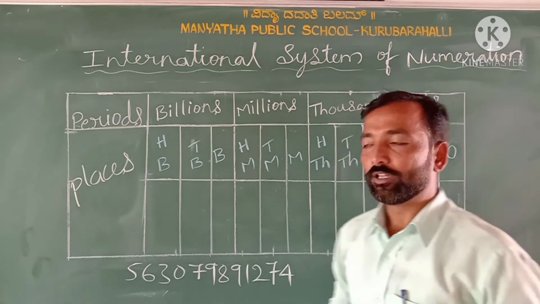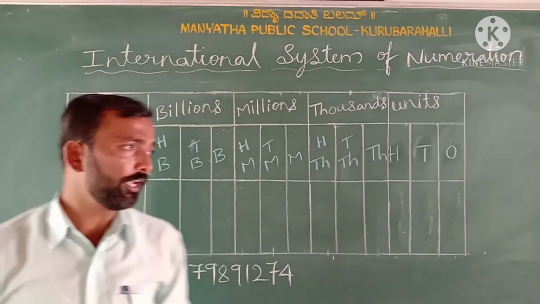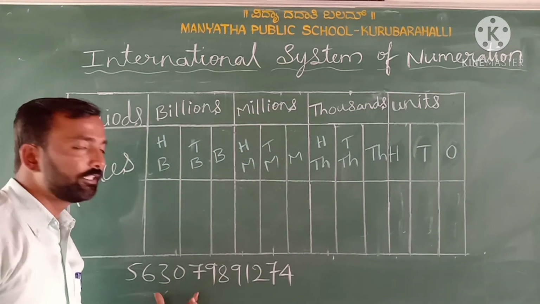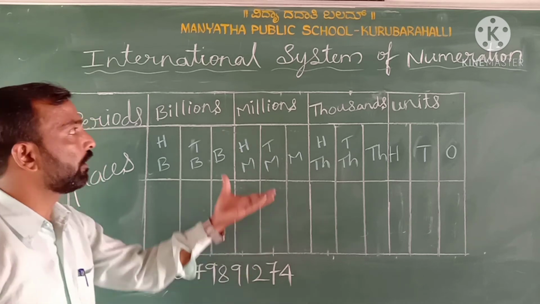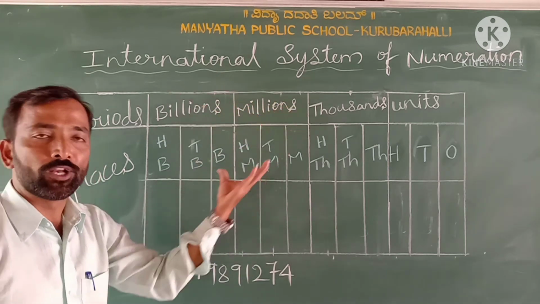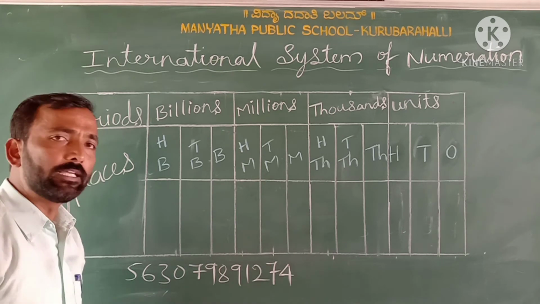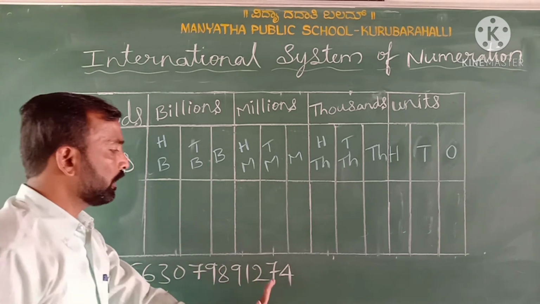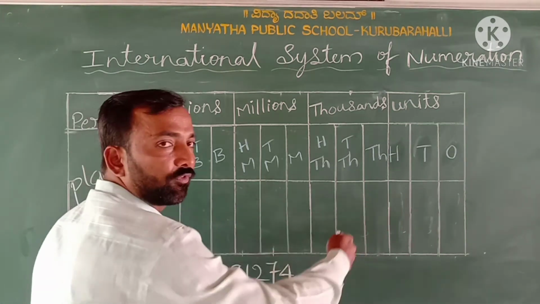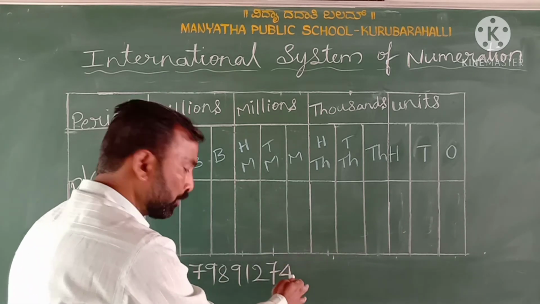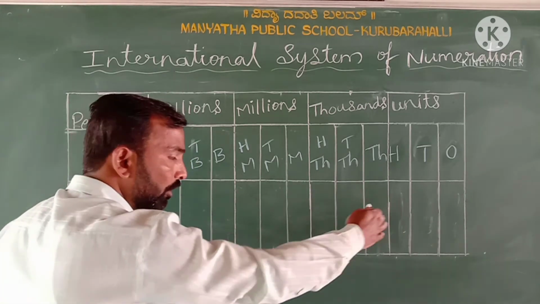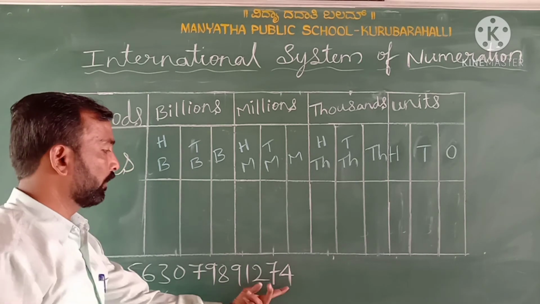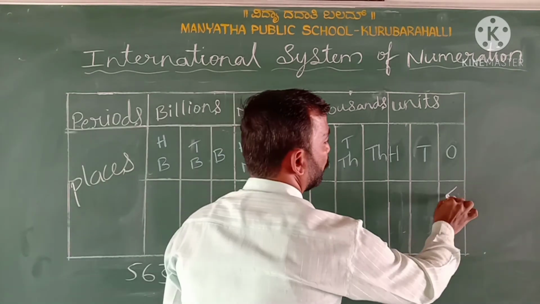Now I take these digits and write them in the international system of numeration table. You write from right to left, column by column. What is there here? 4. Just write 4.